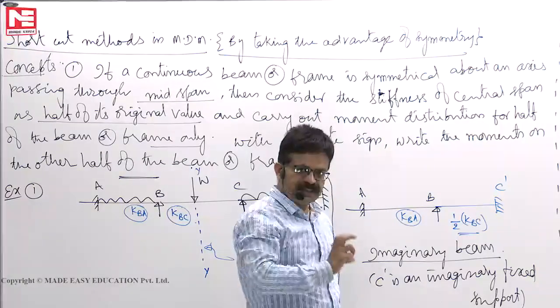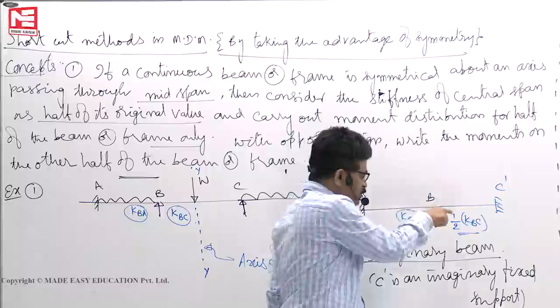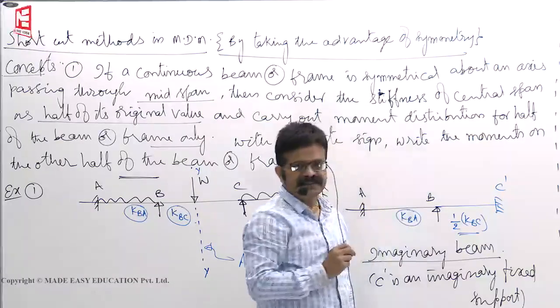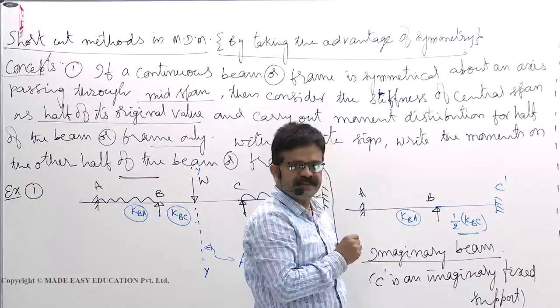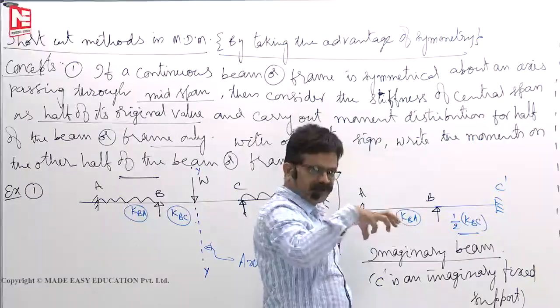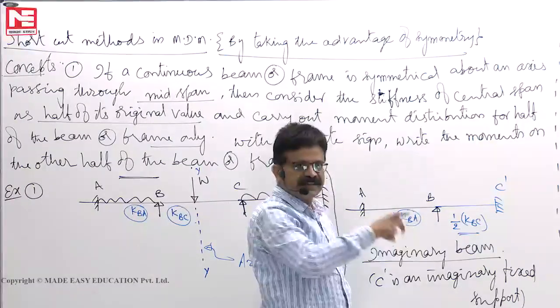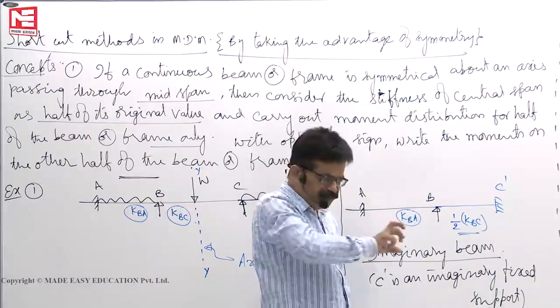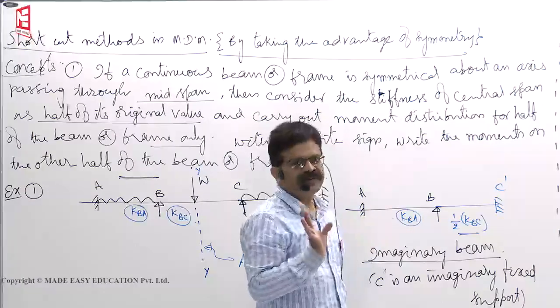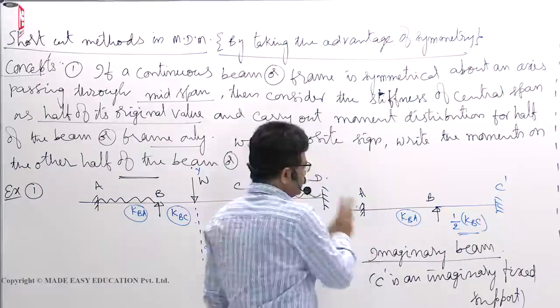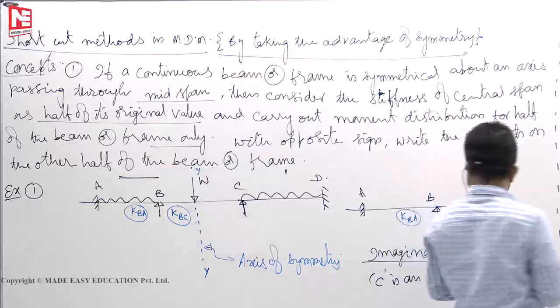Only during the distribution of the end moments can you replace it with half of KBC, because the proof for this is valid only when you are dealing with the end moments, nowhere else. So this is the imaginary beam.